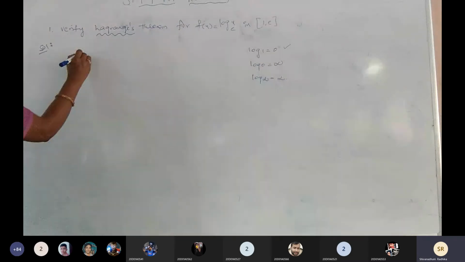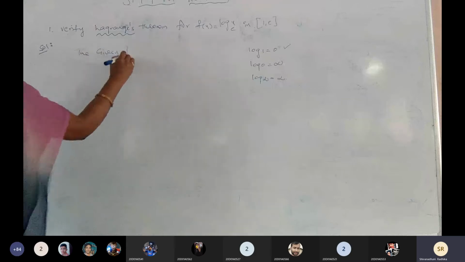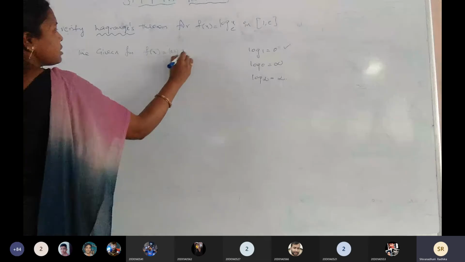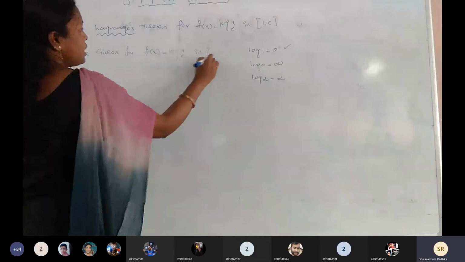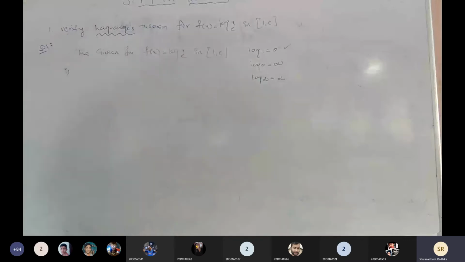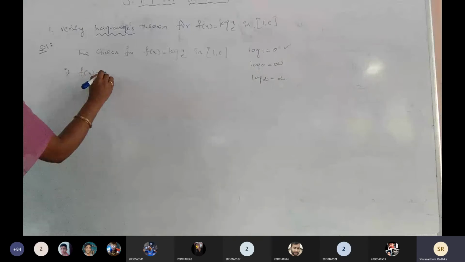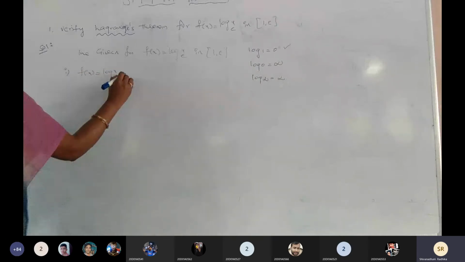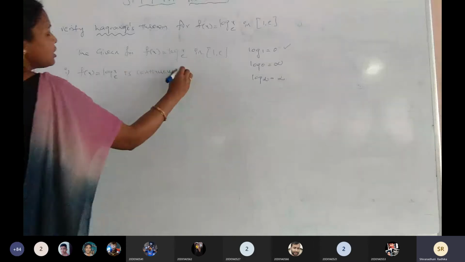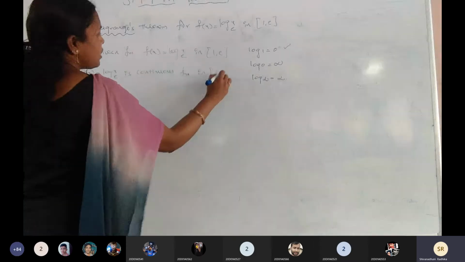Now the given function f of x equals log x base e, defined in the closed interval [1, e]. Then go for the first condition. What is the first one here? f of x equals log x base e is a continuous function in the closed interval [1, e].